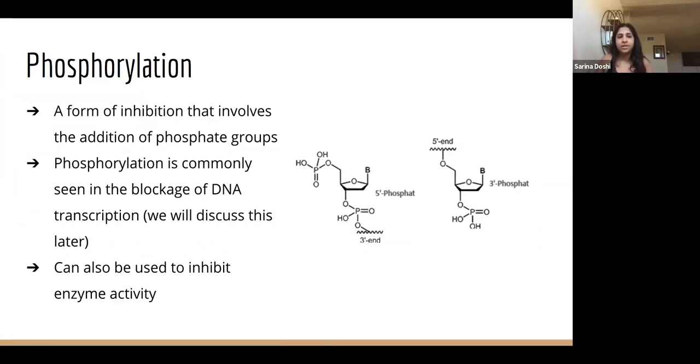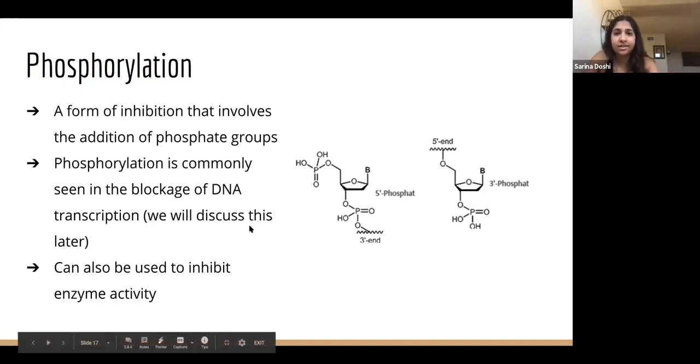These phosphate groups are commonly seen in the blockage of DNA transcription and can be used to inhibit enzyme activity. So binding phosphate groups will change the structure of the DNA, or the structure of an enzyme, in the same way that any other inhibitor would, and it just prevents transcription or catalysis from occurring.